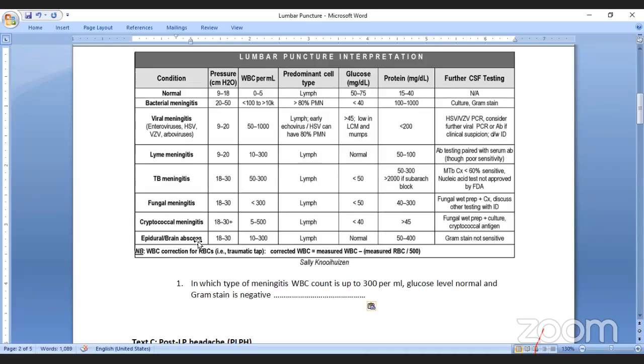It means our answer is one of them, not the others. We need to decide between Lyme and epidural brain abscess. Then we will go to Gram stain, which will be in the further testing. Last one, A/B testing.